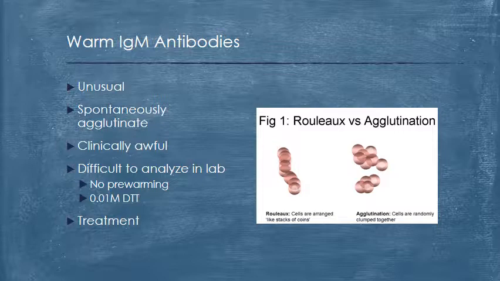These warm IgM autoantibodies, because they cause spontaneous agglutination, this is a problem, obviously, clinically. So these do have to be treated, and there are several possible treatment possibilities for the patient. You can do plasma exchange, which will help reduce the overall IgM concentration. You can do IVIG, you can do steroids or transfusion to dilute the specimen.